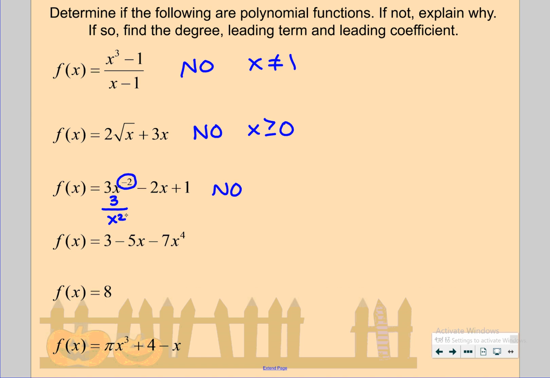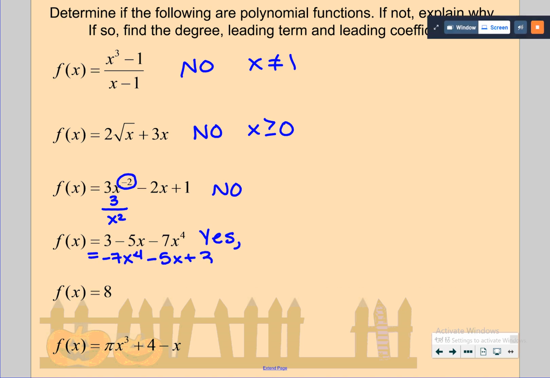Looks like it fits our form. Exponents look good. No domain restrictions. This is a yes. Usually we want to put it in standard form. So I'm going to put my negative 7x to the fourth first, minus 5x plus 3. Okay. What is the leading term? Negative 7x to the fourth.